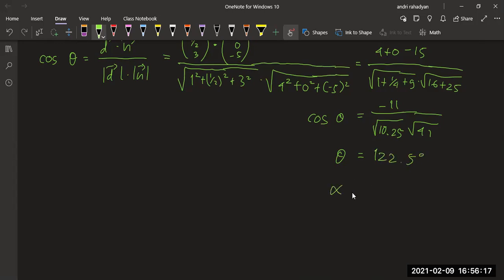So alpha is 90 minus 122.5 degrees, which is negative 32.5, so alpha is 32.5.